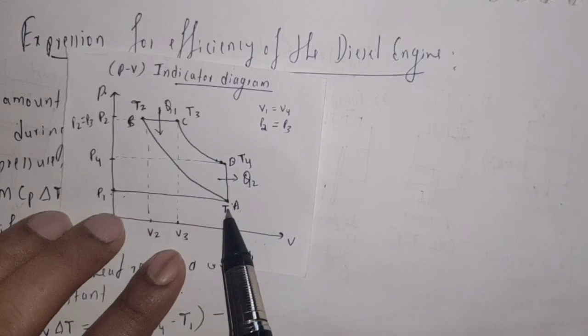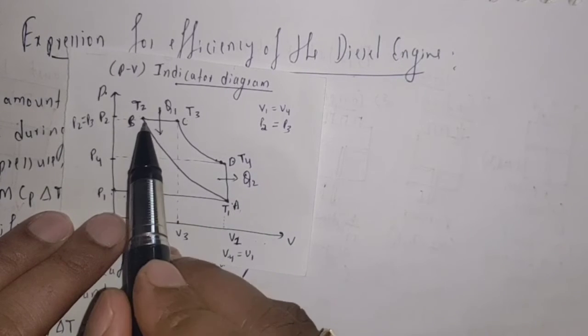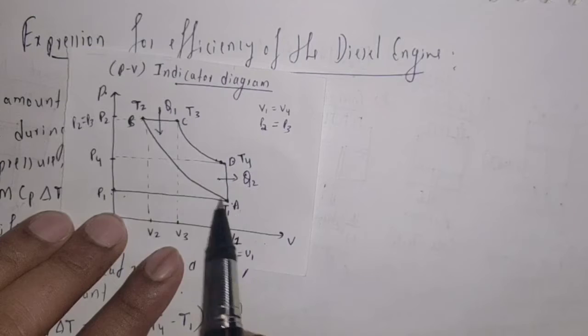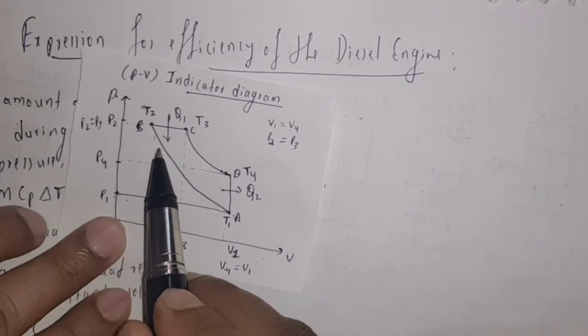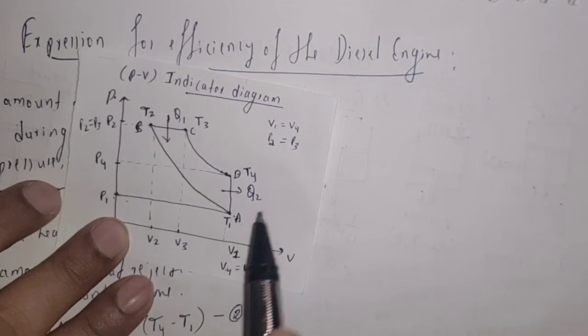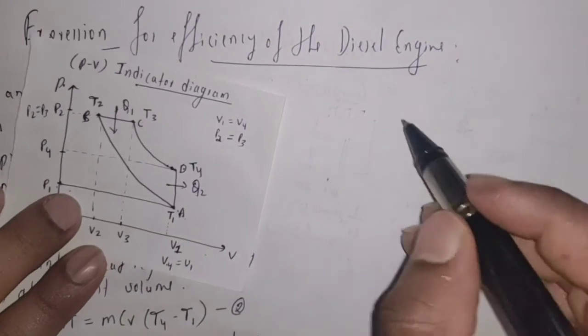In the PV diagram you can observe that AB represents adiabatic compression, so let us write the equation for it.